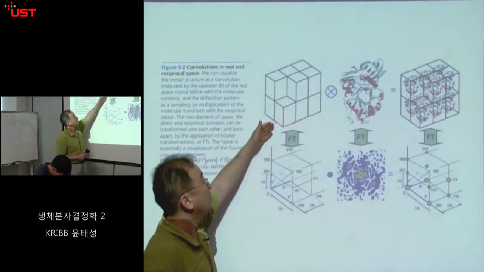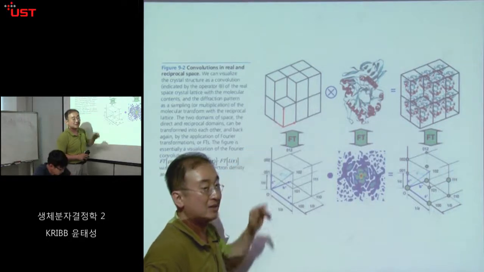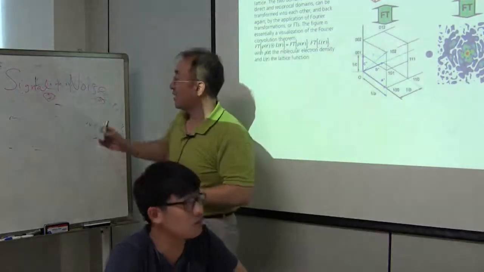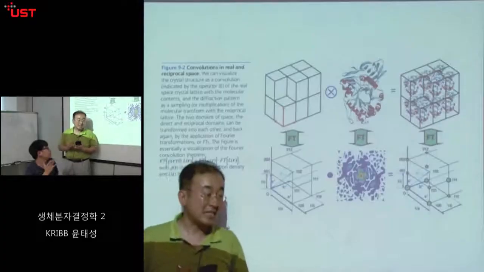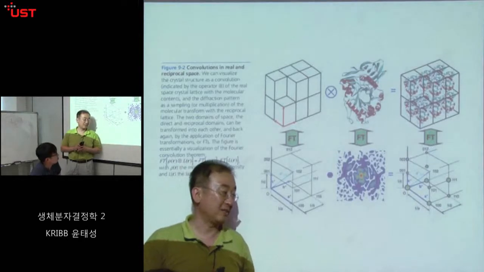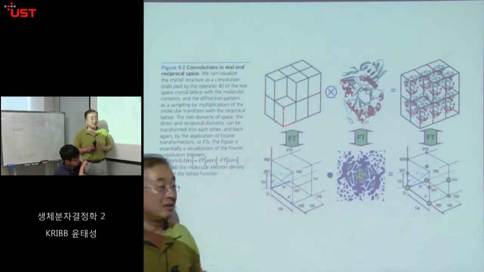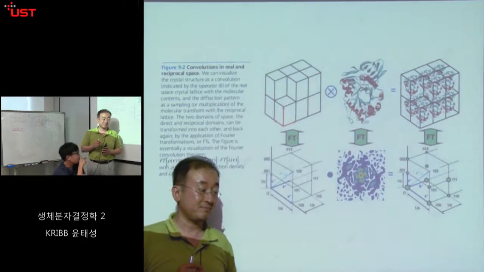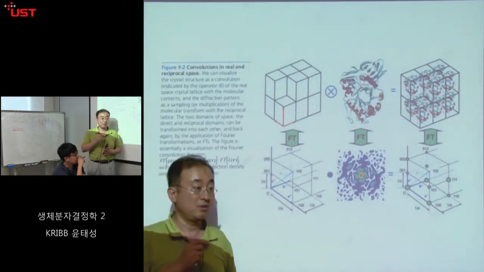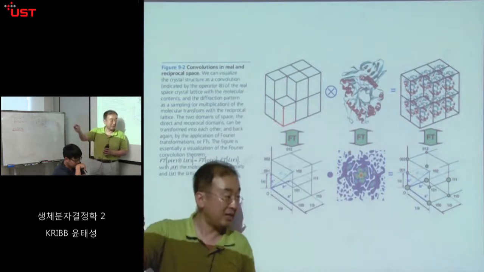Okay? Once we have a signal in time domain, if we convert such a signal into frequency domain, then in frequency domain we can transform data into time domain again.